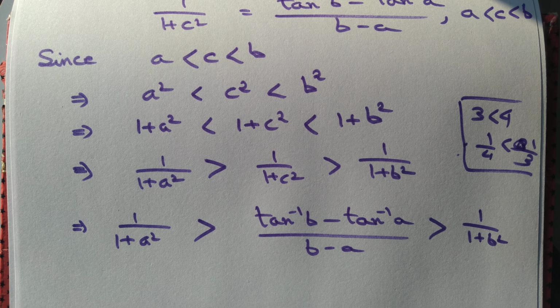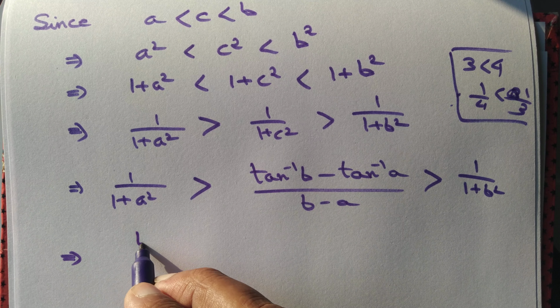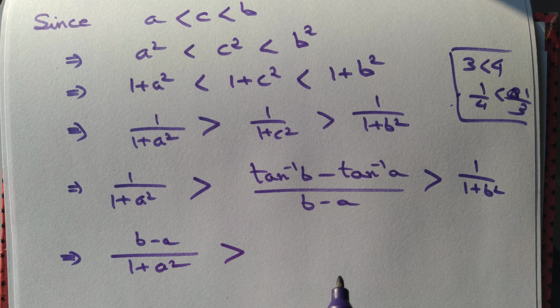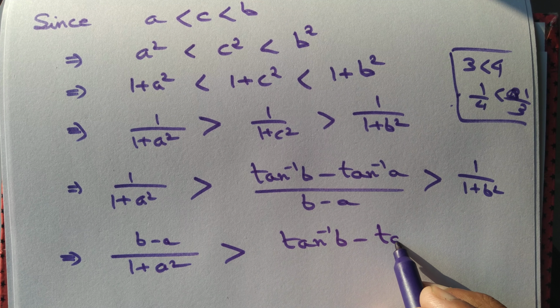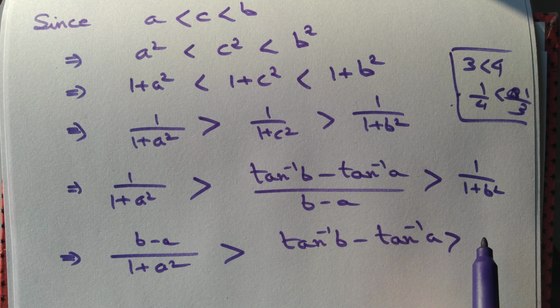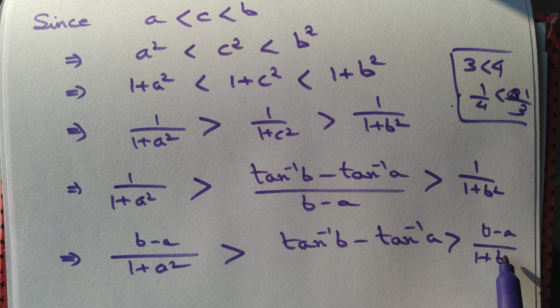Of course, if you like, you can multiply the inequality to say that (b minus a) by (1 plus a square) is greater than tan inverse of b minus tan inverse of a, and that is greater than (b minus a) by (1 plus b square).